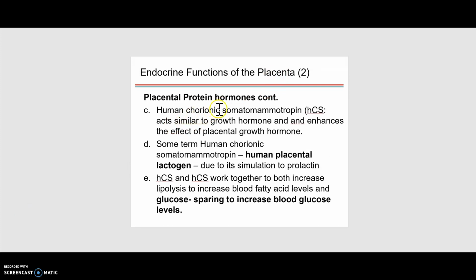Others, human chorionic somatotrophin. And others, human placental lactogen. So these are other hormones that are secreted by the placenta to aid with the developing offspring. So the placenta does more than just do the exchange.